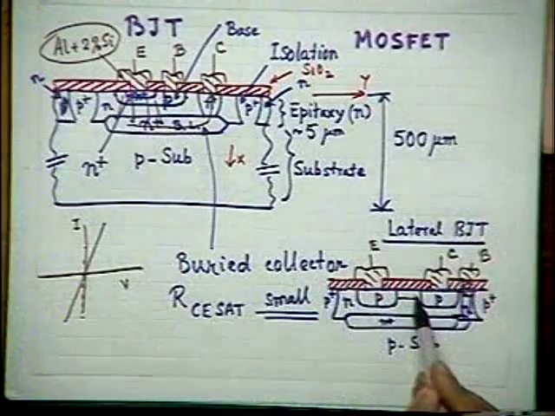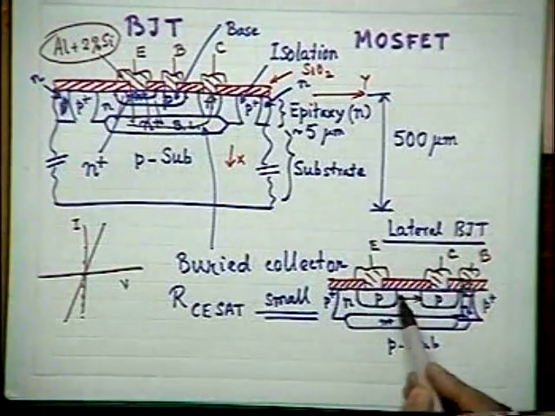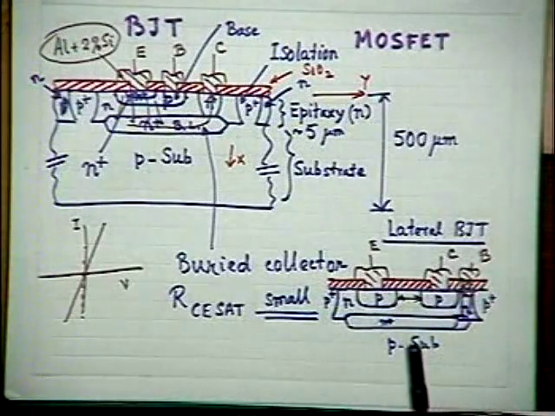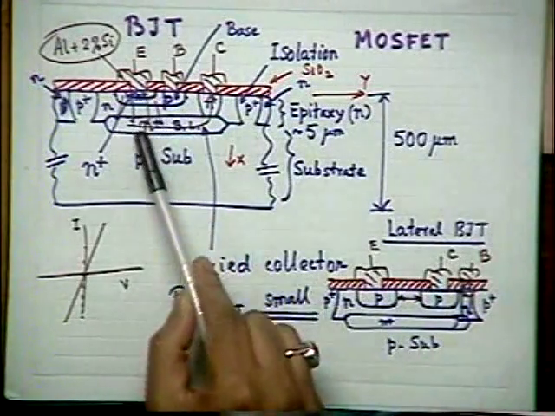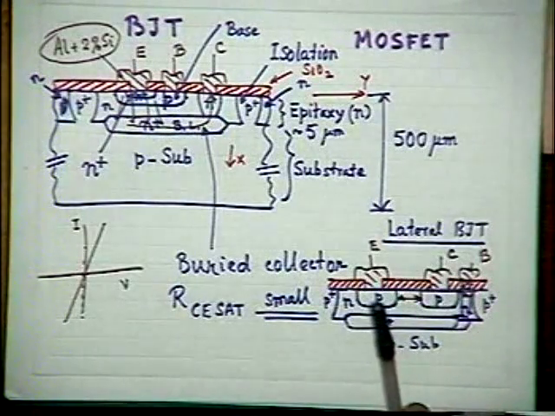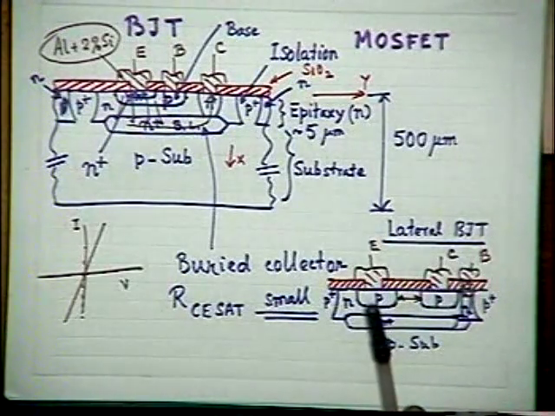In the lateral transistor, it is normally rather difficult to achieve a beta of 10, because this base region is defined by photolithography, where I have some limitations. Whereas here the entire structure is determined by the junction depths, and I can control that very precisely.